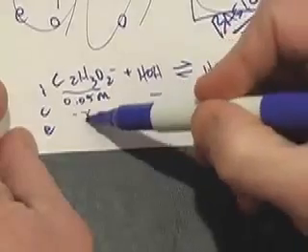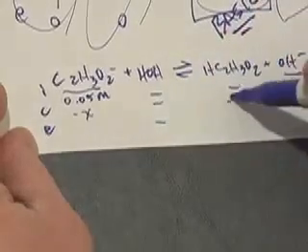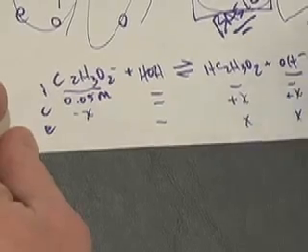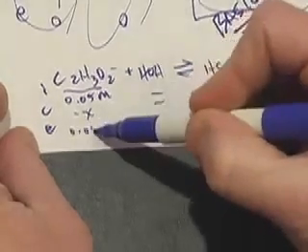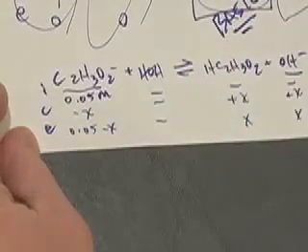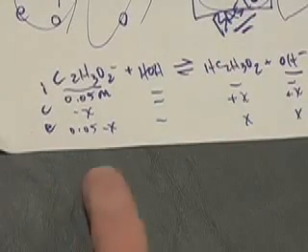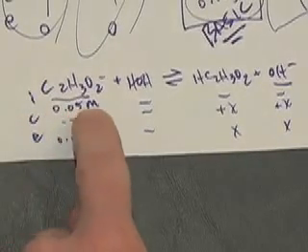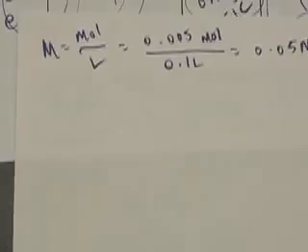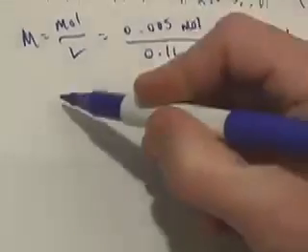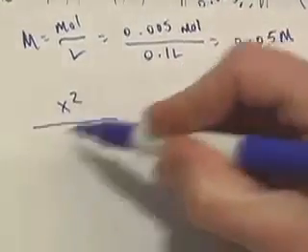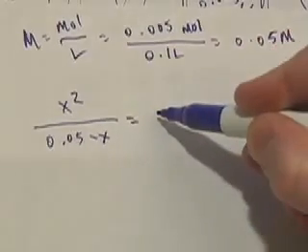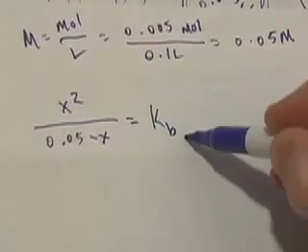So I will lose X, gain X, end up with X here, and 0.05 minus X. After I've written the ice table, now I can set this equal to the Kb of C2H3O2-. Remember, it's acting as a base.